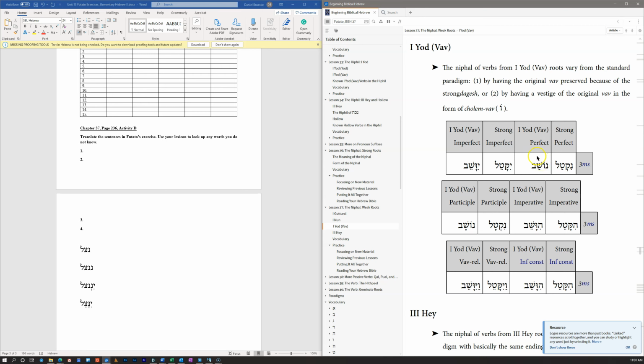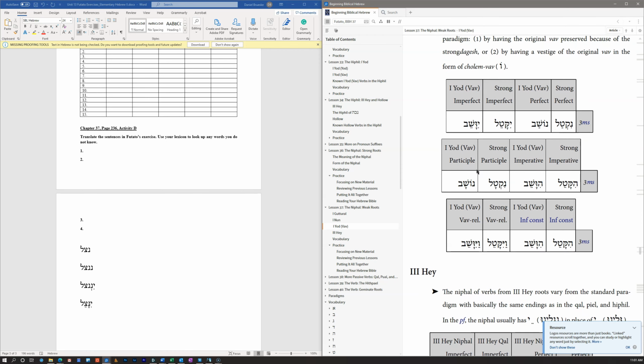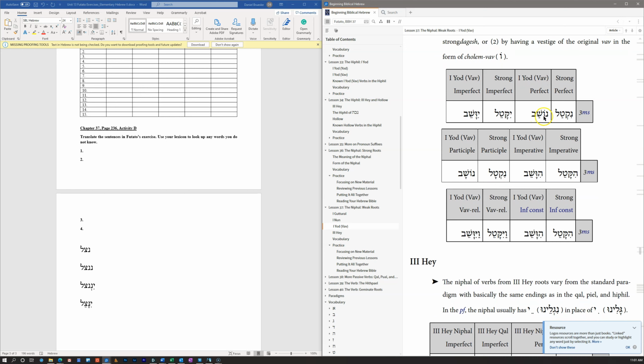All right, so whether that is, well, it doesn't do that here. It just becomes a vav. Trying to think through why this change occurs only in the perfect and not the imperfect. What's going on with the morphology here?